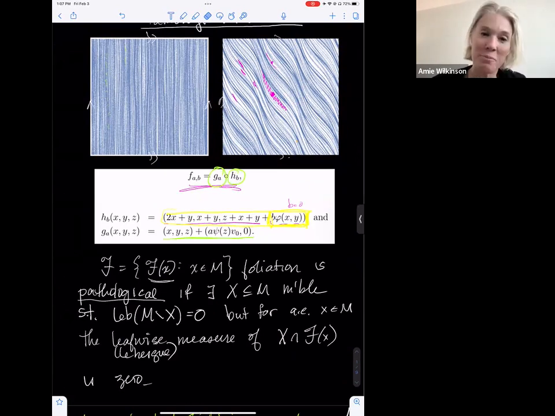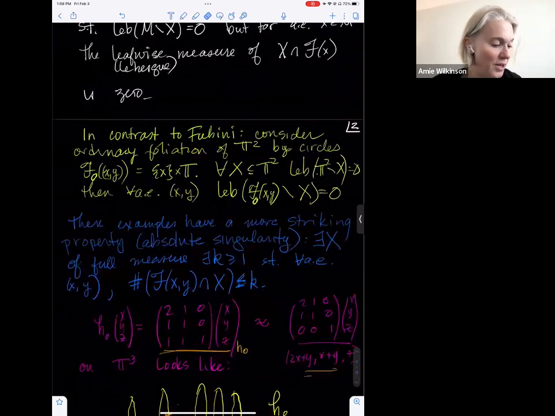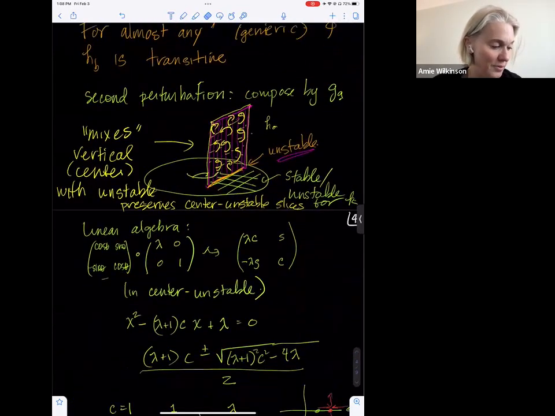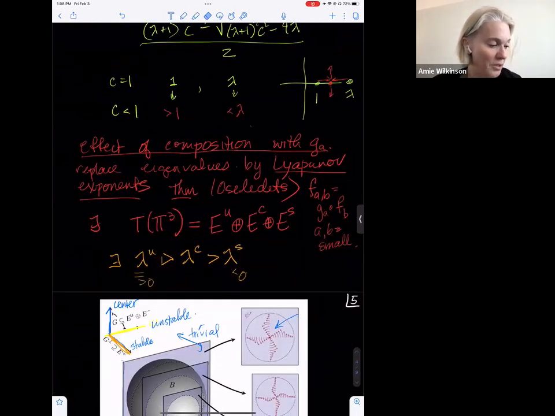So the original name of our paper was a stably Bernoulli diffeomorphism that's not Anosov. Because what this gives you, this FAB gives you non-zero Lyapunov exponents. None of them are zero. And this implies a property combined with ergodicity, which you have. This gives a property called Bernoulli.